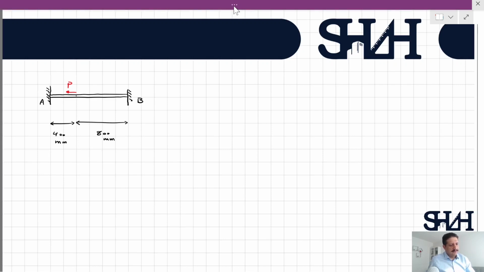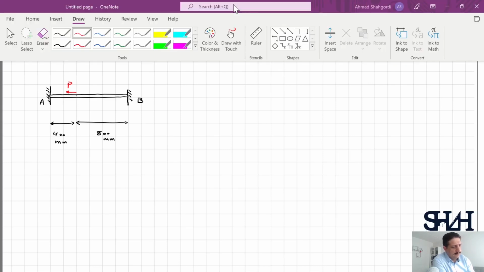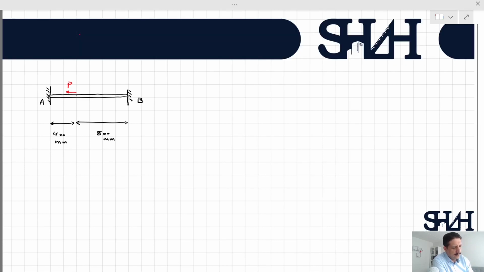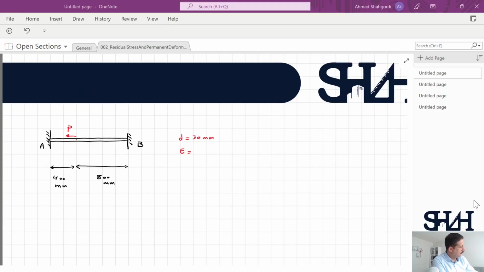Some basic information for the calculation. Assume that the diameter of the bar is going to be 30 millimeter, and it's made of, let's say, brass, with the modulus of elasticity of 100 gigapascal, and the yielding stress of 180 megapascal.